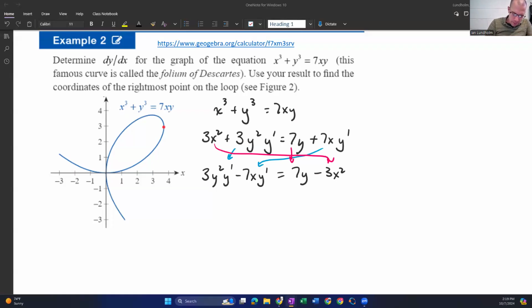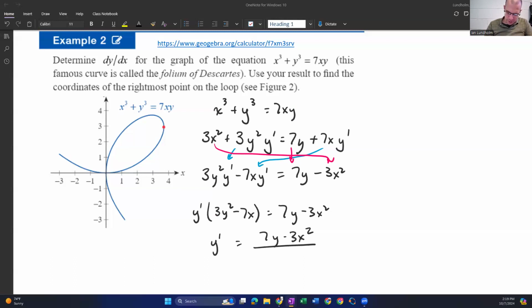Using the distributive property, we've got y prime times 3y squared minus 7x. And then solving for y prime looks like 7y minus 3x squared, and then we've got 3y squared minus 7x on the bottom.